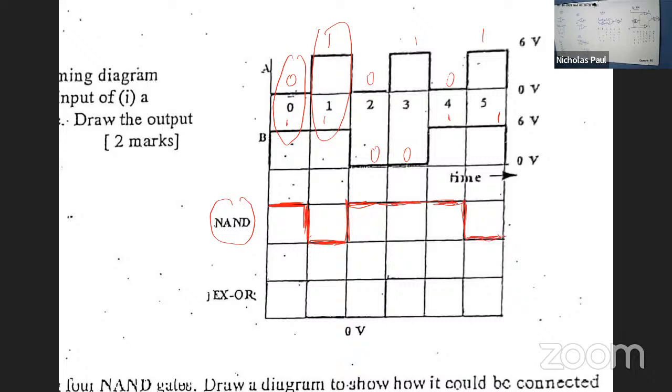Will the graph look like that? Yeah, the graph looks like that. Done with the NOR. Should we come on to do the XOR? Is one high or low? 0, 1 is low.